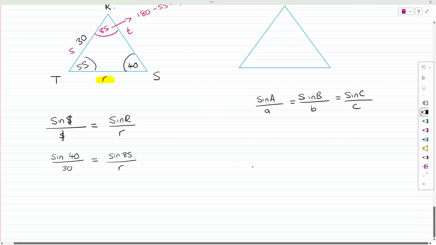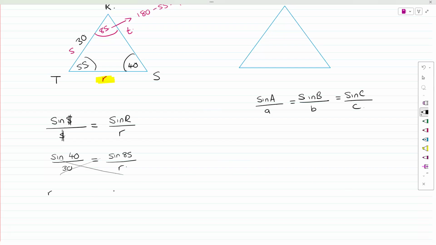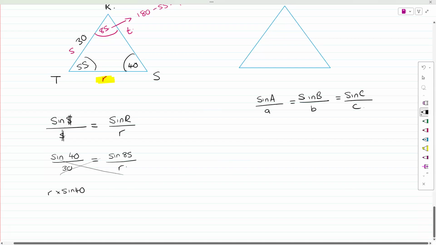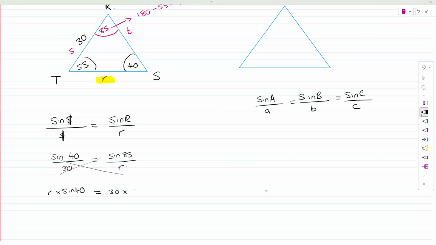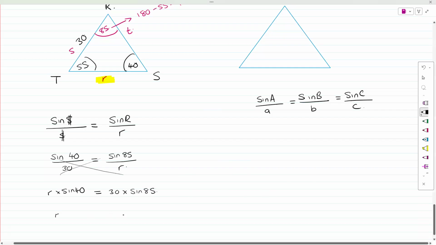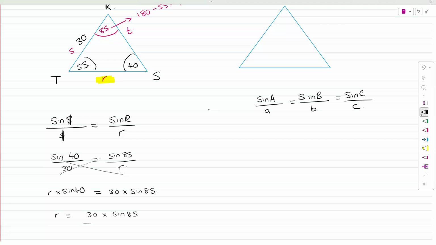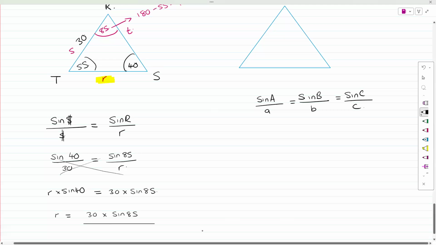85 over R, and then we just cross multiply, guys. You can do it in one step. I'm not going to. Once you understand it, you can do it in one step. But that's sine 40, which equals 30 multiplied by sine 85. And R equals 30 multiplied by sine 85 over sine 40.